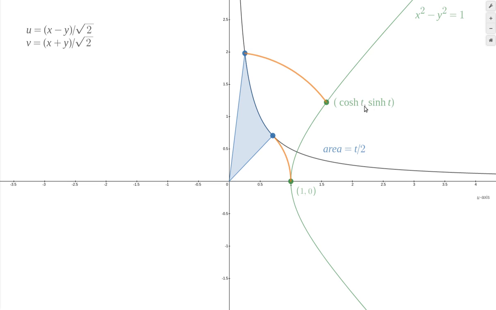So if we have a particular point (cosh t, sinh t), that depends on t, okay, so different values of t are going to give us different points on the hyperbola, and these have been rotated. What are the new coordinates? Well, in particular, what's the new v coordinate?